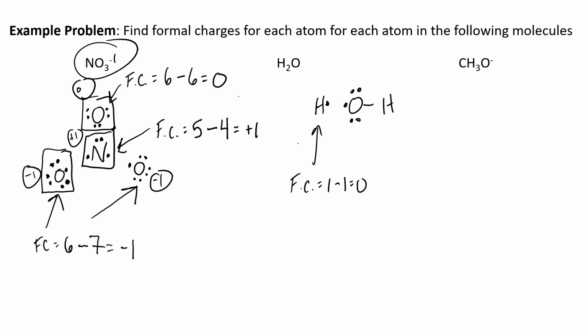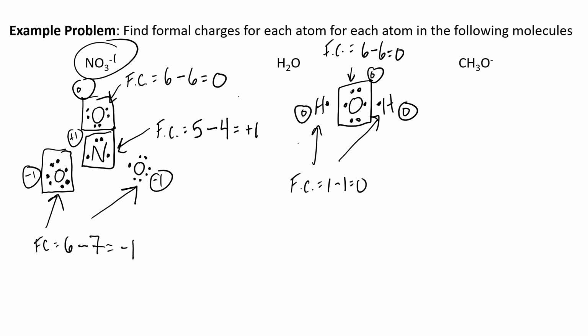If we look at the other hydrogen, we have the same bonding pattern, so we have a 0 formal charge on both of these. Now let's look at our oxygen. The formal charge is going to be group 6 minus the number of electrons that it owns. It owns 2, 4, 6 with a formal charge of 0. So the sum of the formal charges is 0, which is equal to the charge on the particle.